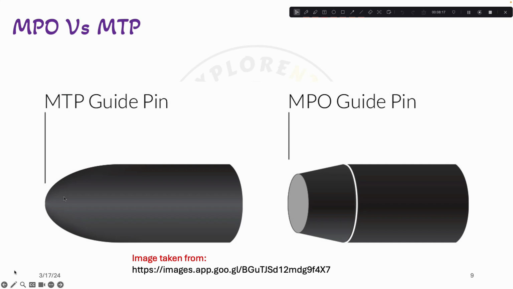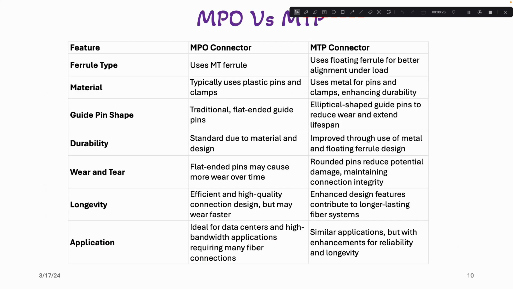We can say the wear and tear is quite low in this MTP connector compared to this one type. And other than that, the difference between the two connectors is that MTP comes with metallic pins. It uses a floating ferrule. As I said, the MPO comes in an enclosure, but here it is a floating ferrule. And other than that, we have discussed everything.